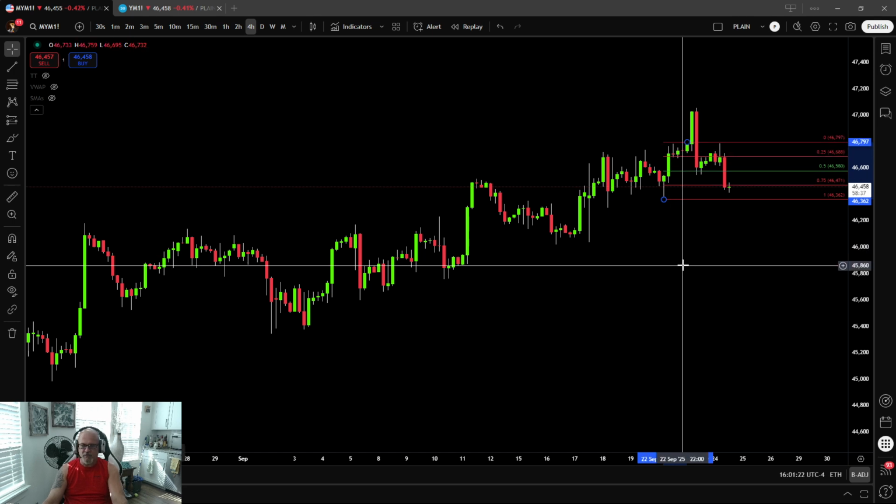And we're just going to keep moving higher and higher until we get a major pullback, more than the 25%, and then we can start looking at some other things.